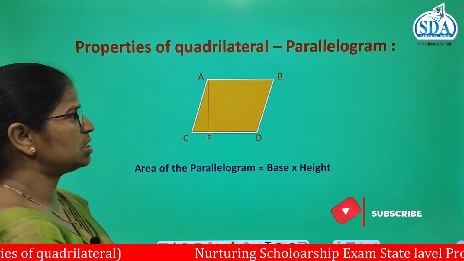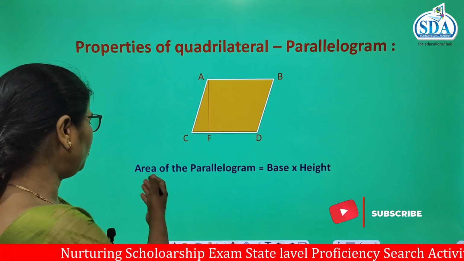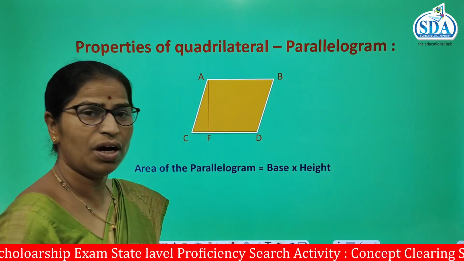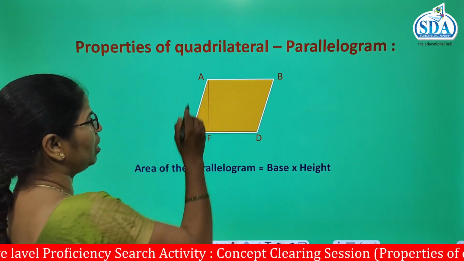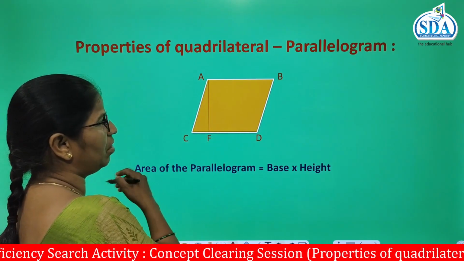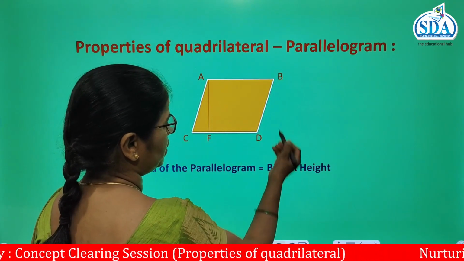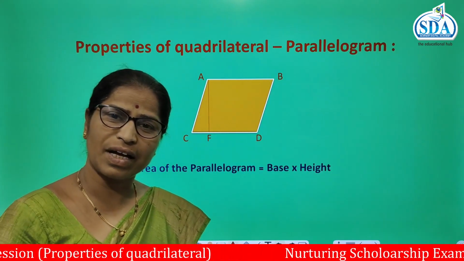Now the next, that is parallelogram. Formula for finding the area of parallelogram is equal to base into height. So here if you take this triangle AFC and attach it to this side here, the figure becomes a rectangle.